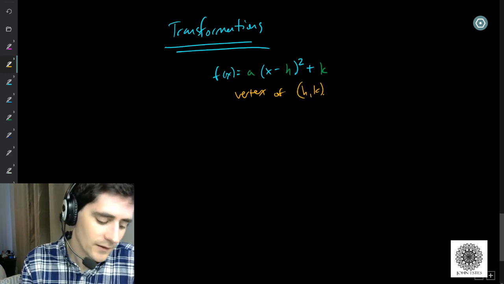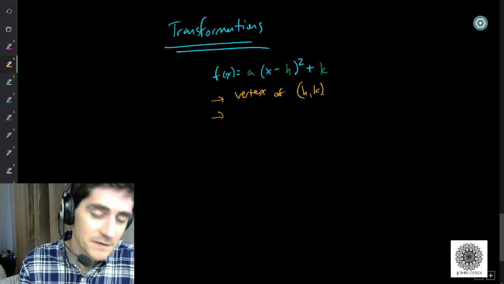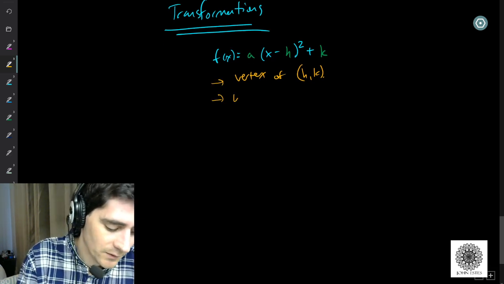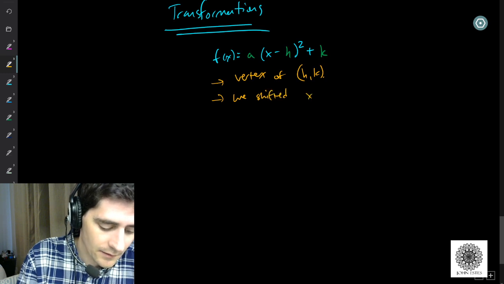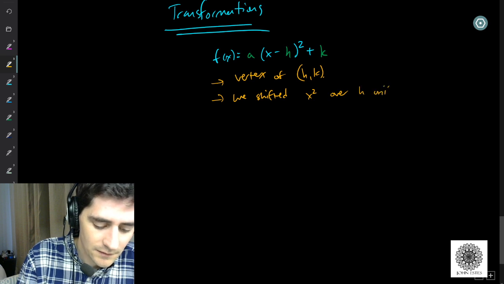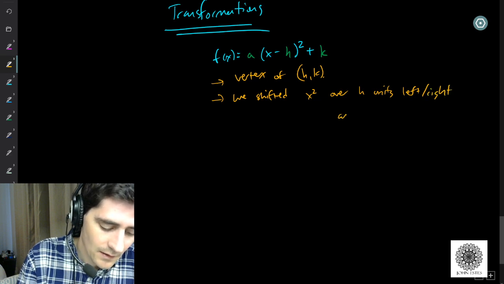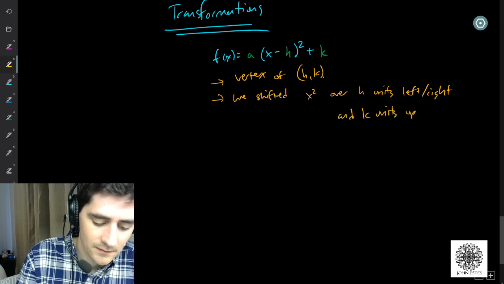Okay, now that's one way of saying it. I think another way of saying it is that we shifted x squared over h units, and that's in the left and right direction, and k units up and down.